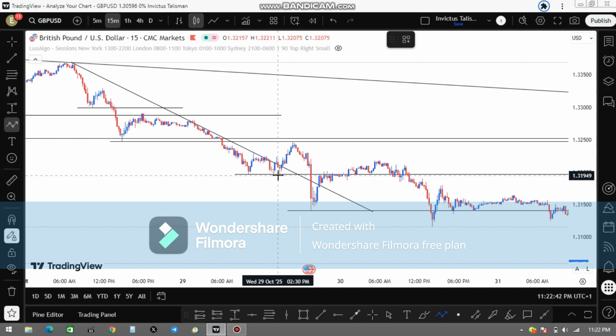Even if the time frame or the session is correct, the correction here is not clear, and I'm not seeing something like this here. So let's jump to the 5 minutes chart.